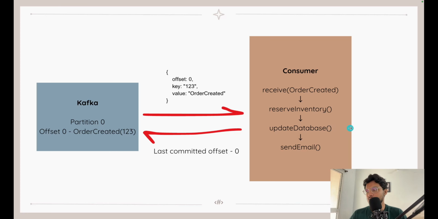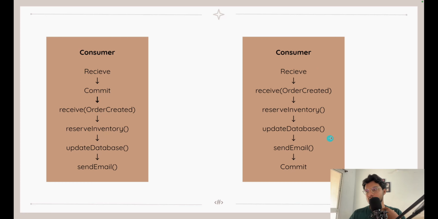But now the problem was when it should commit. There are multiple ways. Let's suppose the consumer received the event and suddenly committed. But what if, once it committed at the beginning, the consumer crashed? Receive, reserve inventory, update database, send email, all will fail.